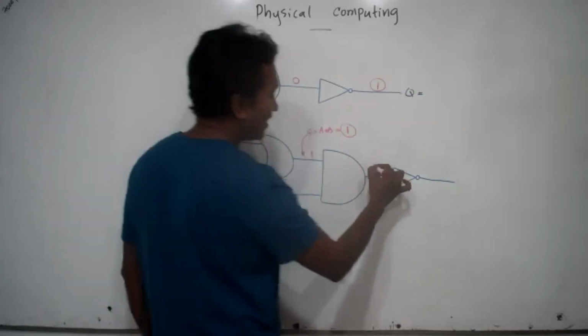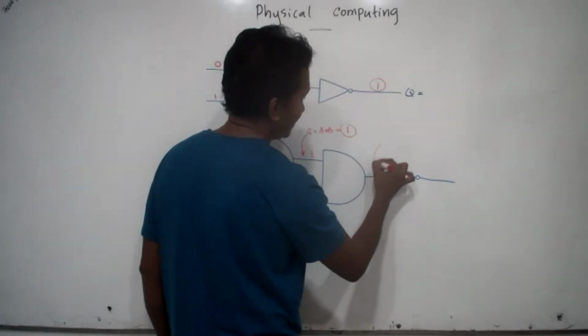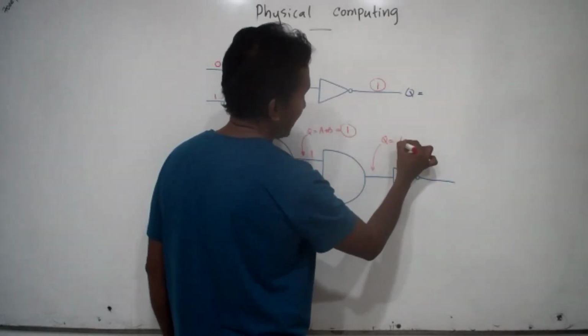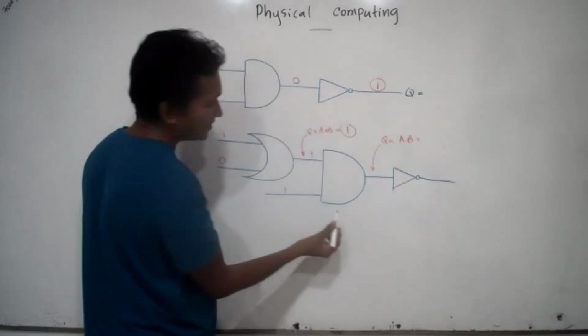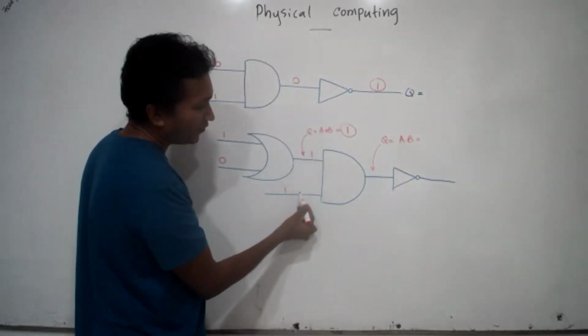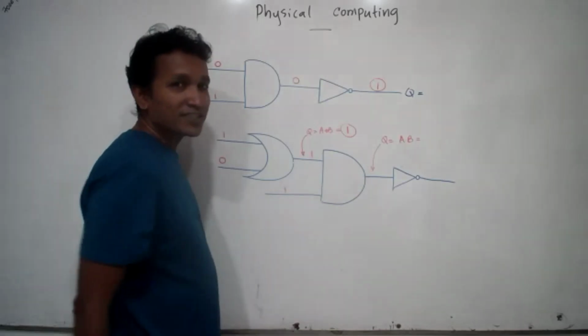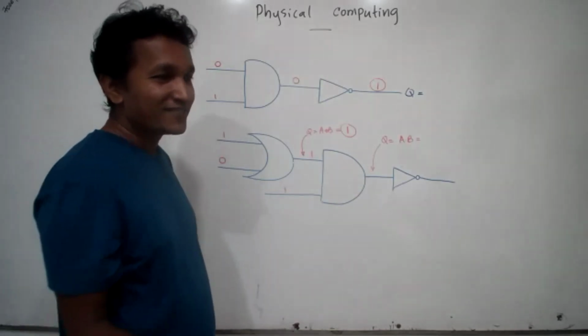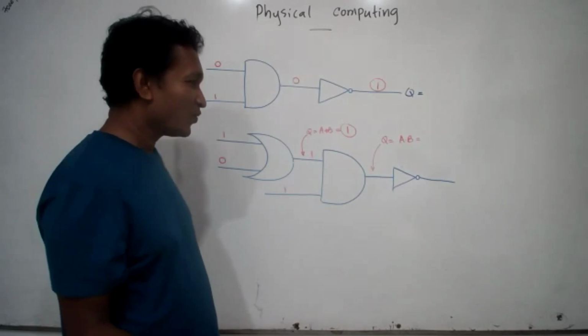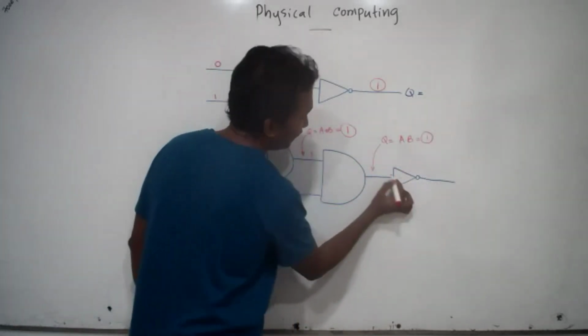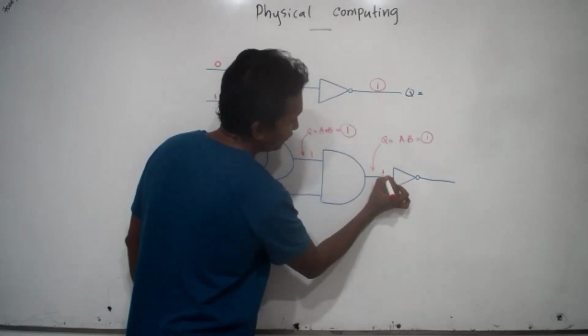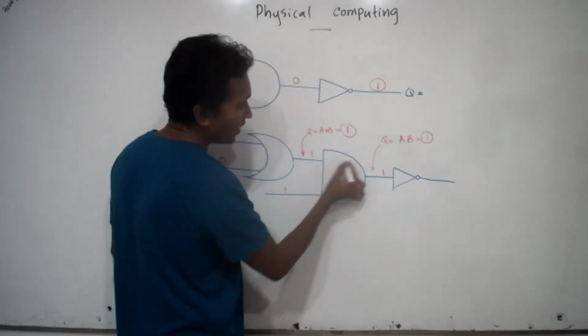The AND gate's symbol is A dot B. What is the output when both are 1? 1. Yes, 1. Therefore, the output of this AND gate is 1.